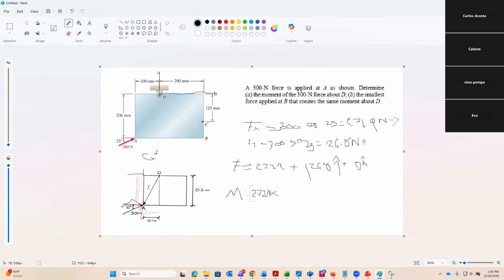Times the distance, which is 0.2, right? I'm gonna say yes. 0.2 minus, because the next one is gonna make it rotate clockwise, which is negative. That force in Y is 127 times 0.1 meters in J. And this is in I.